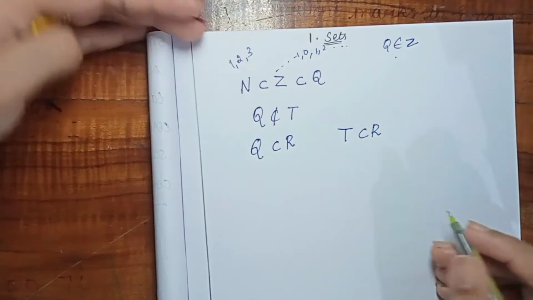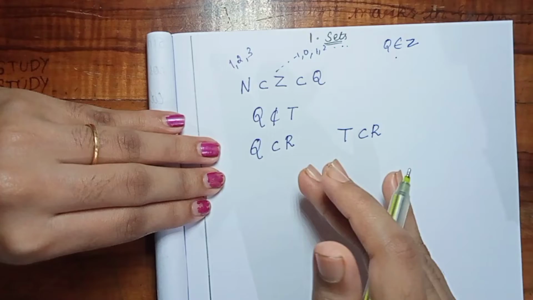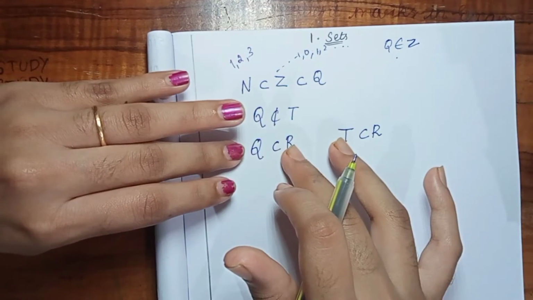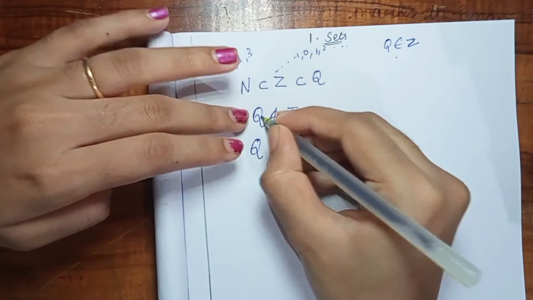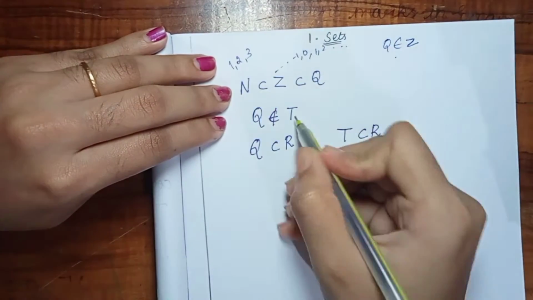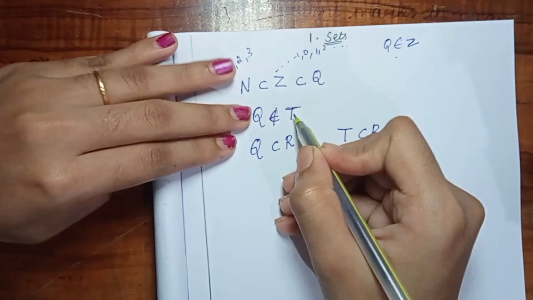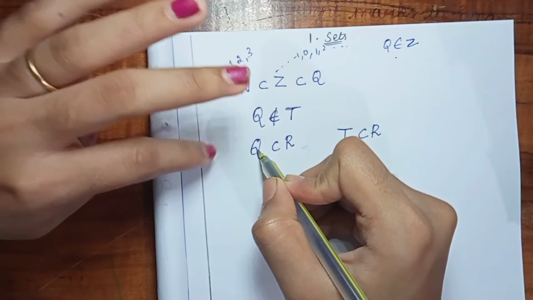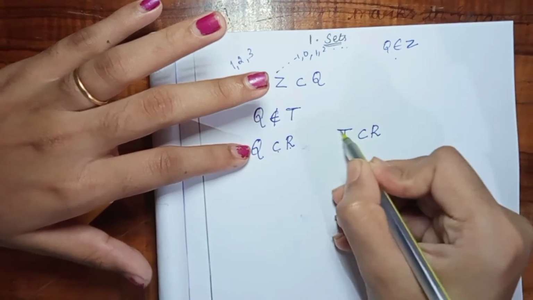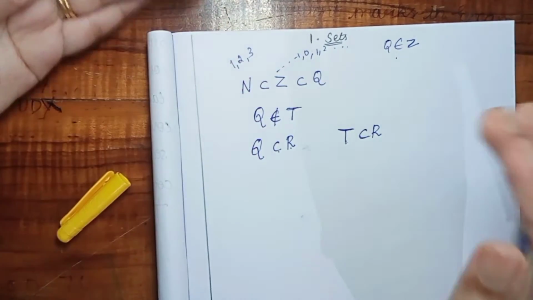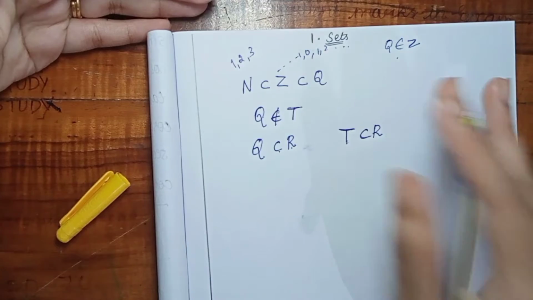Yes. Rational numbers will not belong to irrational numbers, but rational numbers are a subset of R and irrational numbers are also a subset of real numbers. Okay, understood?